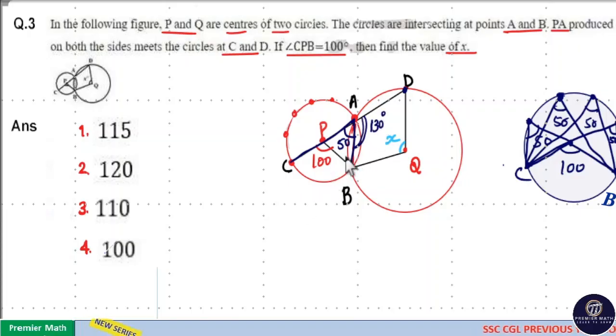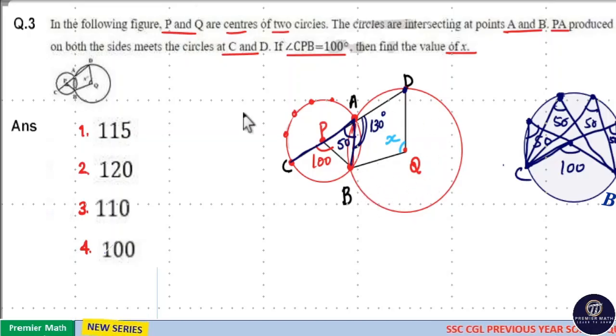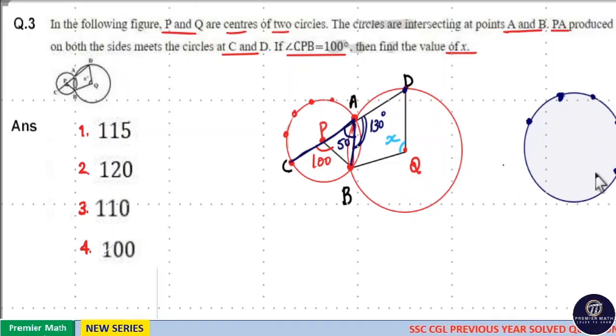Now you can see this same concept can be applied to the second circle as well. Here, this 130 degree is produced by this arc BD, that is, this arc BD creating 130 degree.